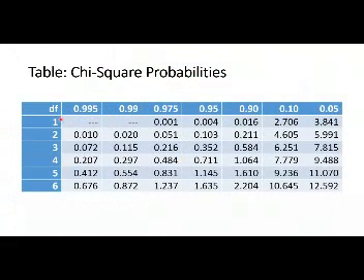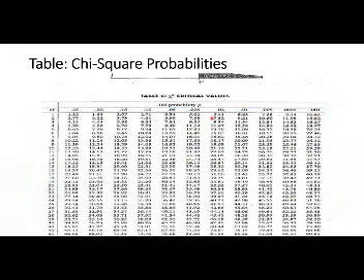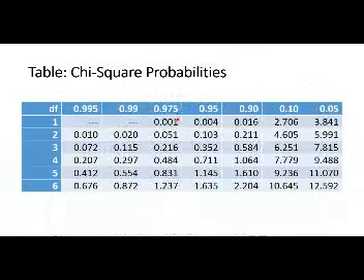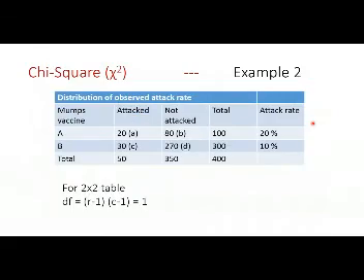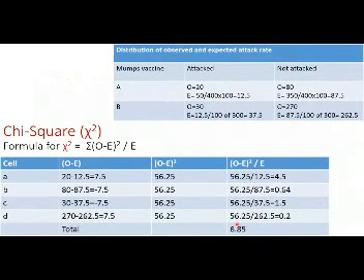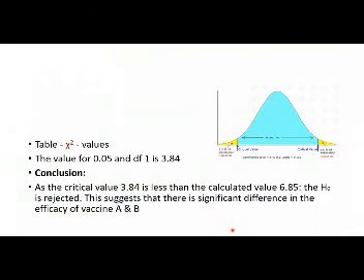This one, degree of freedom of 1 for 95% confidence or P 0.05. Now the critical value is 3.84, while the test statistic is 6.85. The critical value is 3.84 and the test statistic is 6.85.